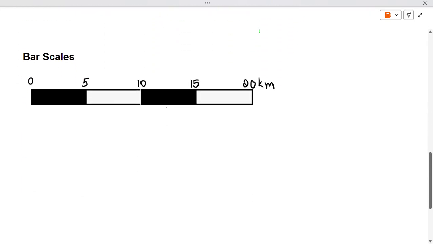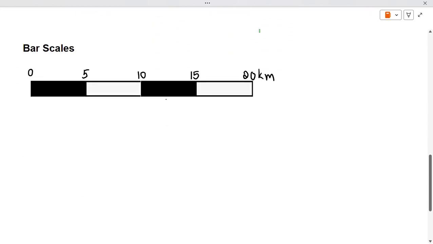So when we look at the bar scale, you can see here we have bars, and each bar is 5 kilometers. So you've got 0, 5, 10, 15, 20 kilometers going along here. If you are asked to measure or find the scale of the map, you would take your ruler and measure from 0 to 5, and work out how many centimeters or millimeters, depending on what you want to use.